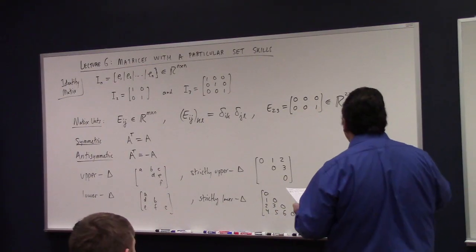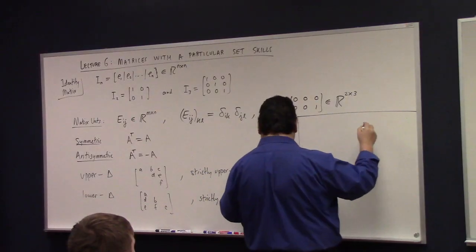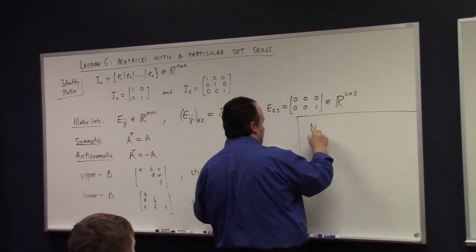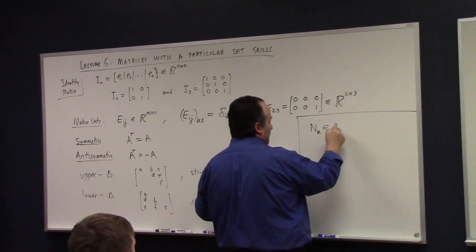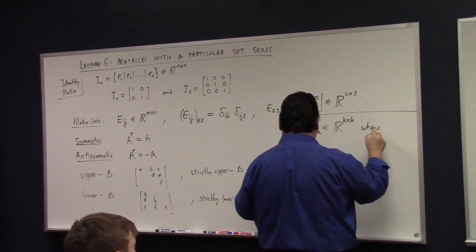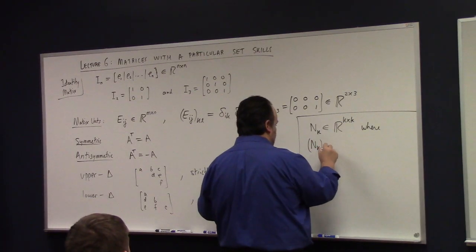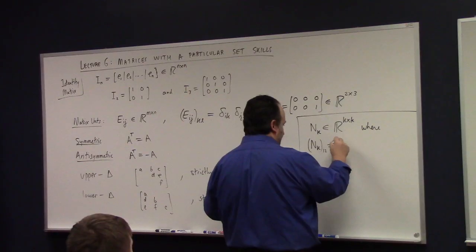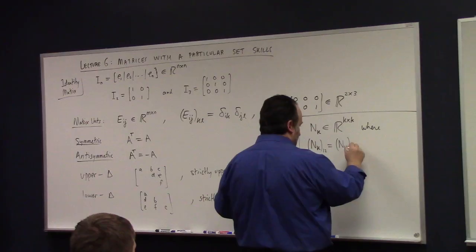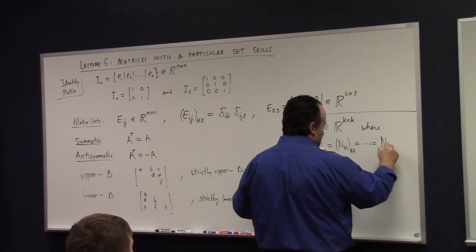All right, and then another important example we'll be using some today is the notation n sub k, which is a k by k matrix where, I think it's probably best for me just to write it this way: n sub k 1, 2 is equal to n sub k 2, 3, and so forth and so on until we get to the k minus 1, kth spot of n sub k.